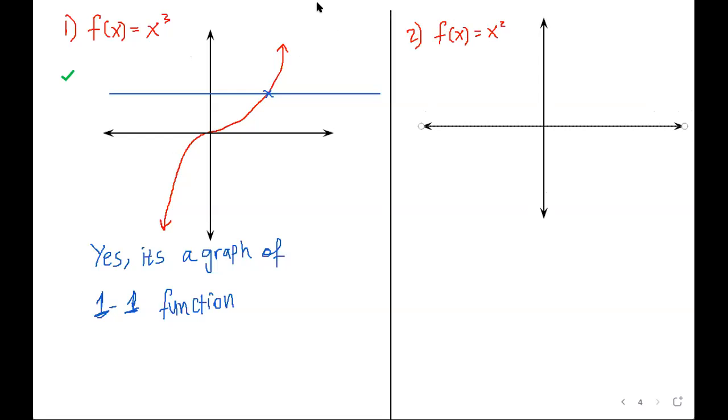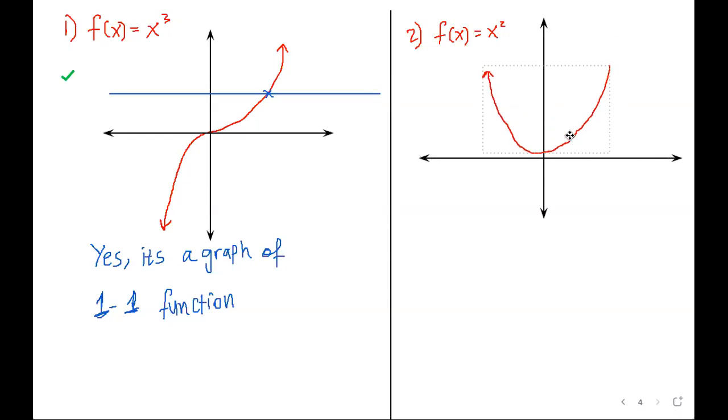Yes, V, that's the absolute value. So the V is for the function f of x equal the absolute value. But for f of x equal x squared, it looks like a u. It's like a parabola. So the parabola here, the graph, would look something like that. So this is the graph for the function y equal f of x equal x squared.